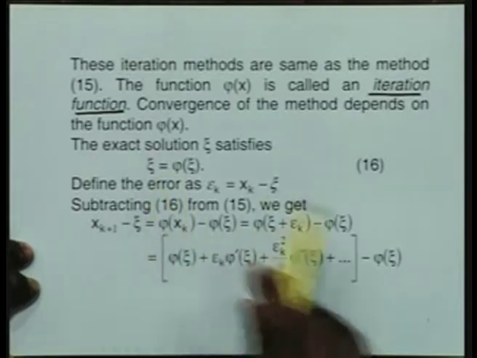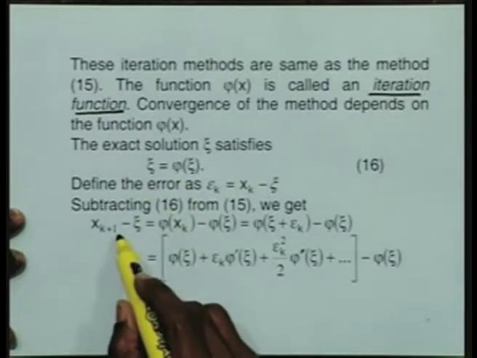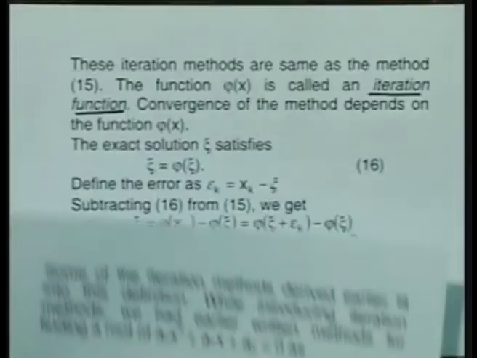The exact solution satisfies x = phi(x), the given equation. So, the exact solution satisfies xi = phi(xi). From this I will now substitute this definition here, so that I will have x_{k+1} - xi. I am now substituting this definition into the method that we have just defined, that is x_{k+1} = phi(x_k).